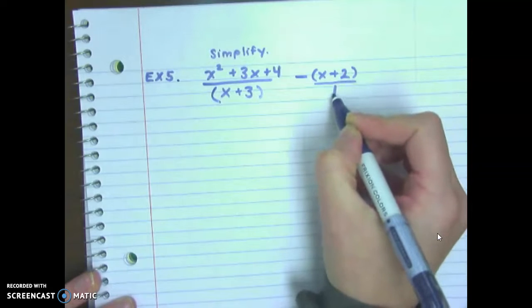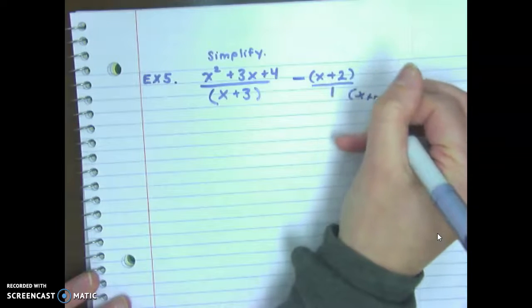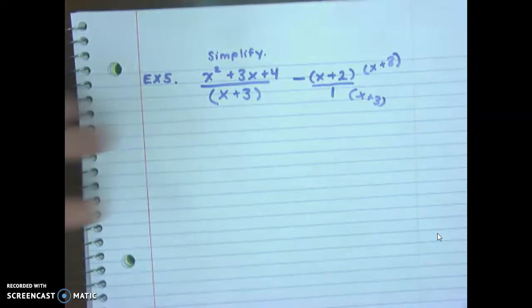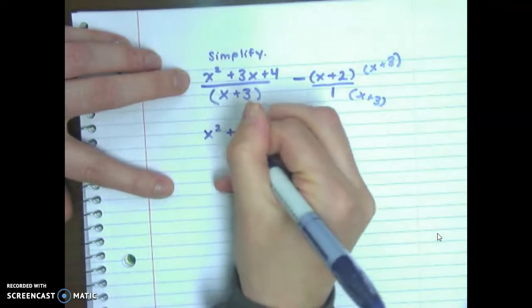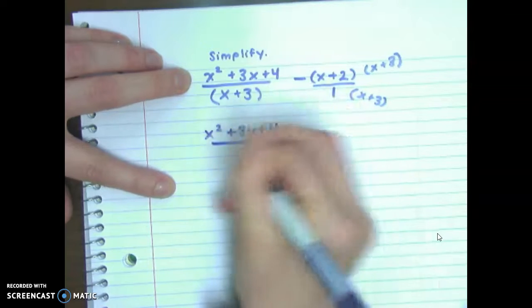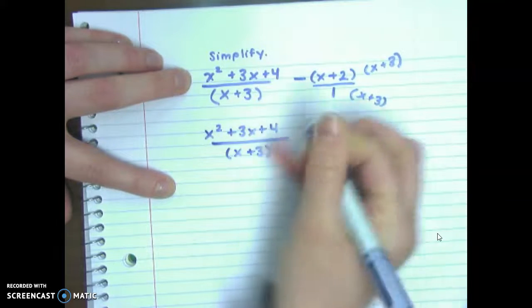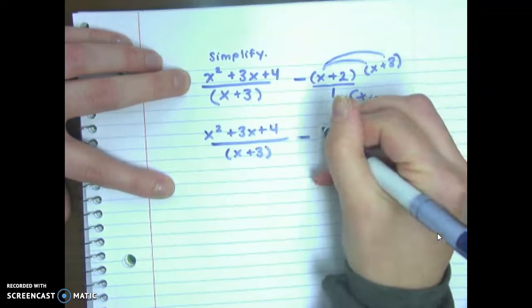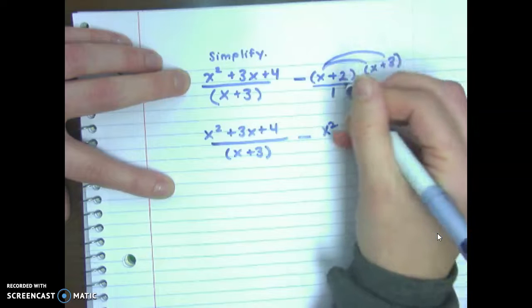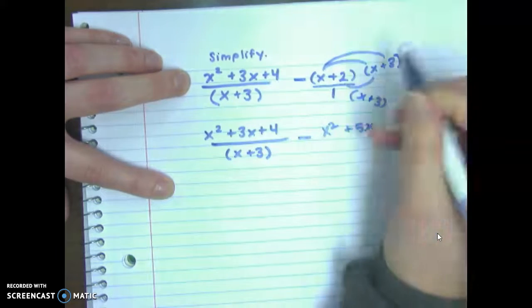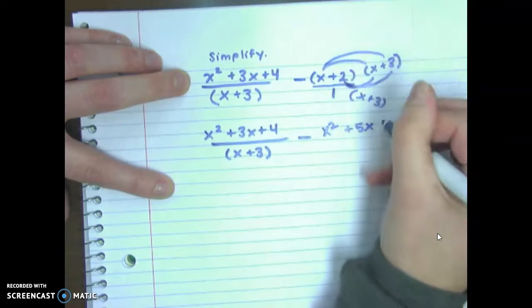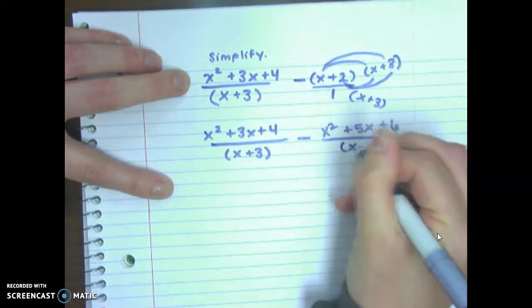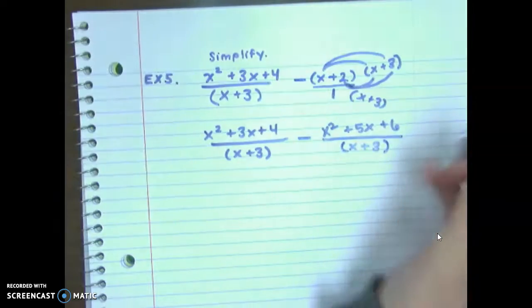So in order to get 1 to have a common denominator, I'm going to multiply by x plus 3 for that second expression, which gives me the same expression for the first, minus, I'm going to distribute here, double distribute, so x squared plus 3x plus 2x plus 6 over x plus 3. So now I have common denominators.